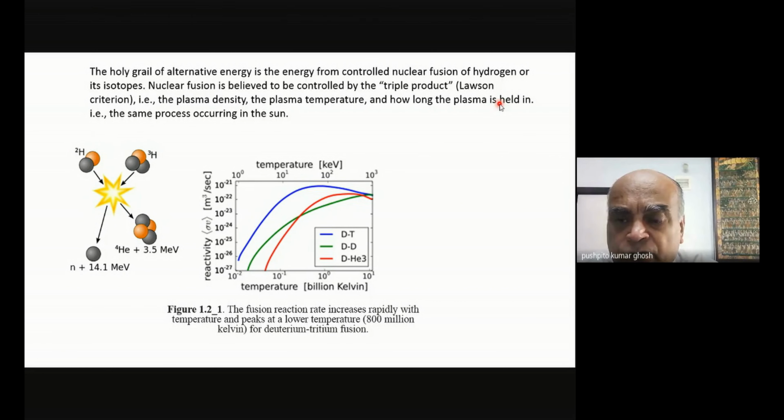Without that, it will never fuse. So time becomes another variable, and this is known as the triple product. Three things which ultimately control with what ease nuclear fusion can take place. It is the product of the plasma density multiplied by the plasma temperature multiplied by the time that the plasma can be held under the optimum temperature and density.